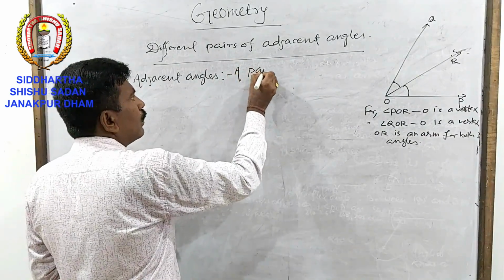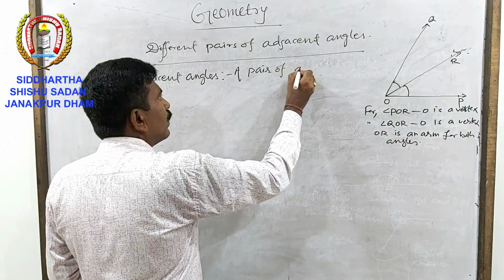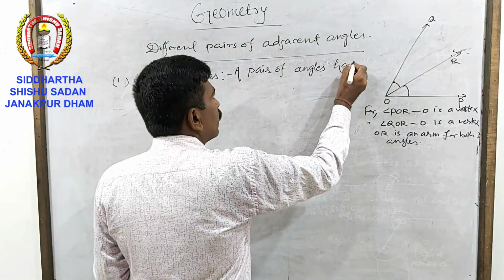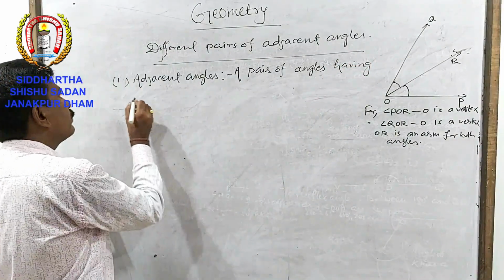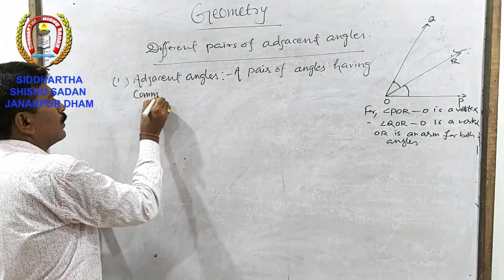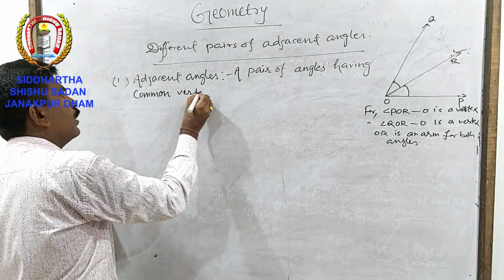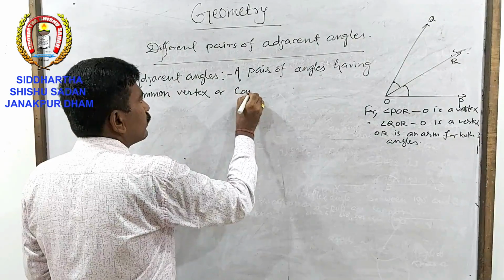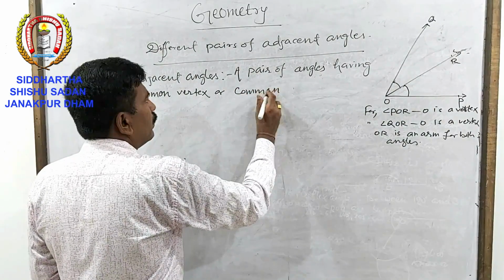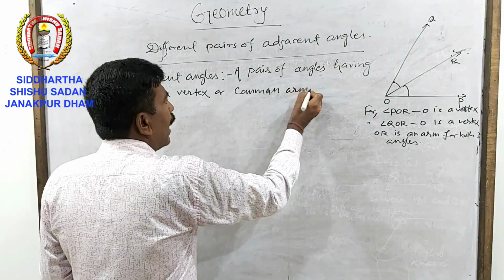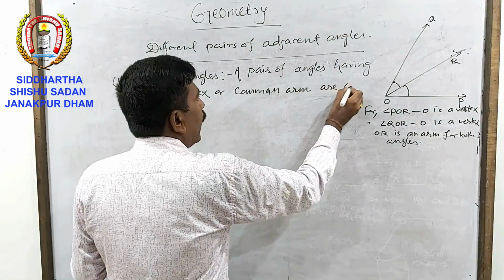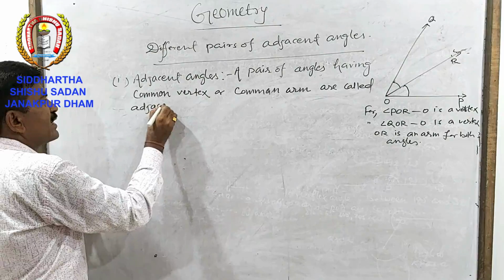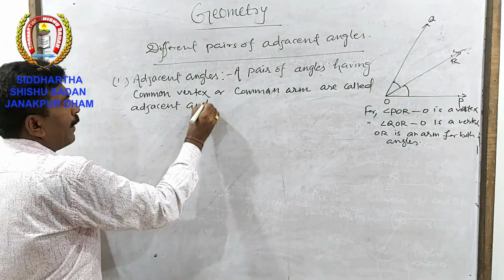So that's why we can write here a pair of angles having common vertex or common arm are called adjacent angles.